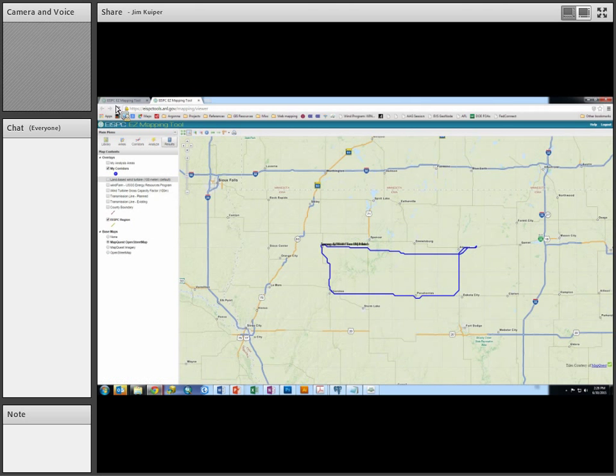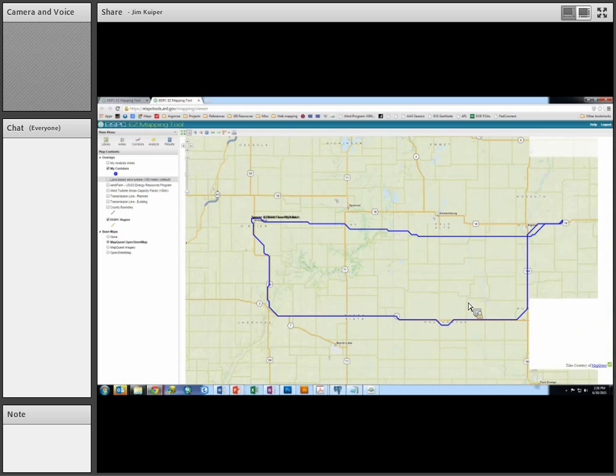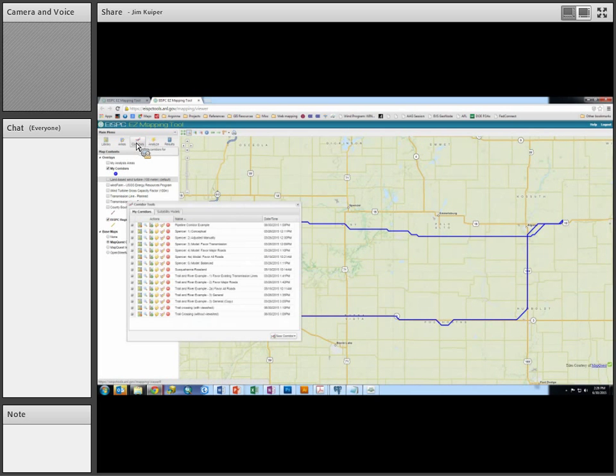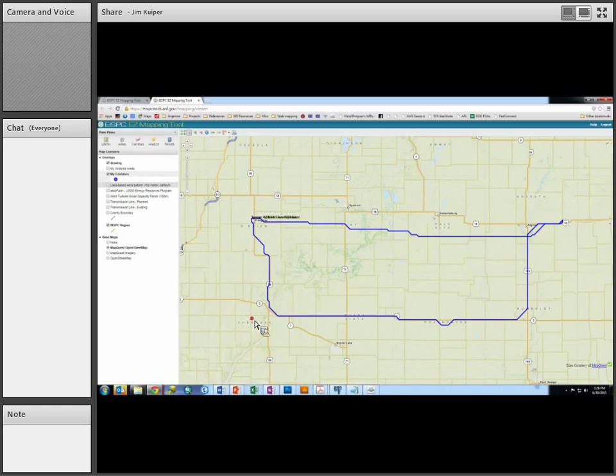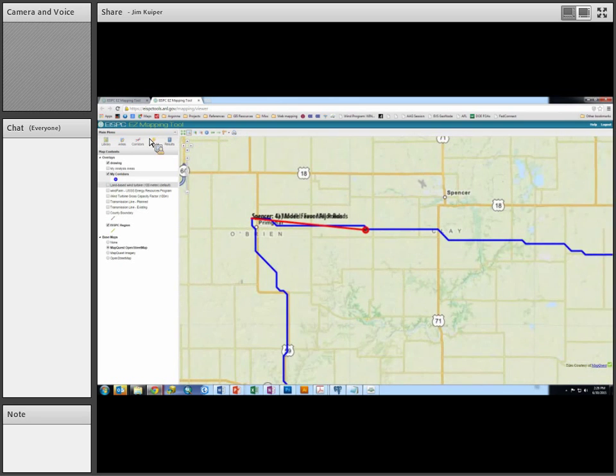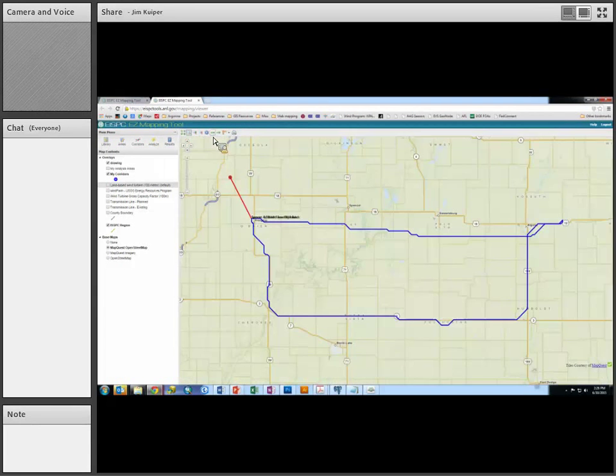Okay, so just to illustrate how that was done, what we did was we clicked the corridor tool, chose generate from endpoints, and then specify the two endpoints. Oh, I'm sorry. You have to toggle off any tools that are on here just by clicking them again. Give it the starting and ending points.